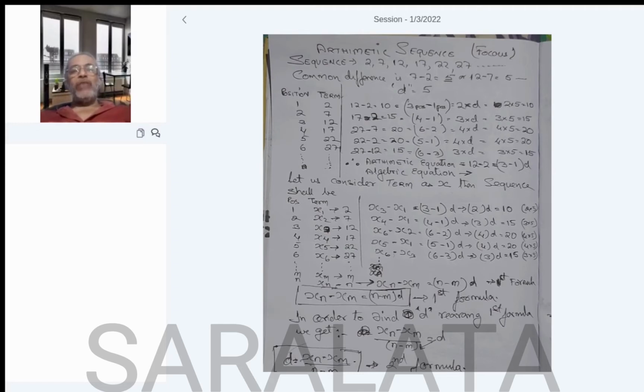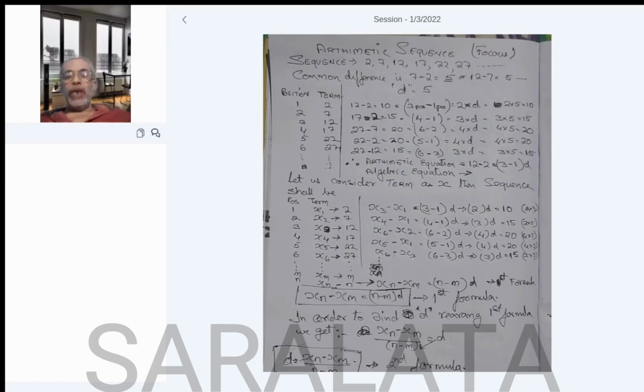So the difference I got is 10. So there's a correlated equation: 12 minus 2 is equal to 10, which equals 3 minus 1 into D, the common difference. So 3 minus 1 is 2, and 2 into D is 10. On both sides, the answer is 10.